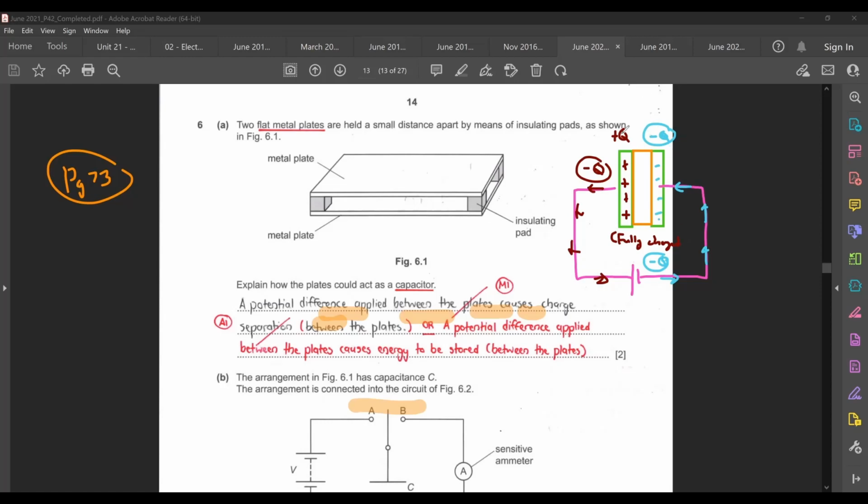And that was how you ended up getting charge separation.